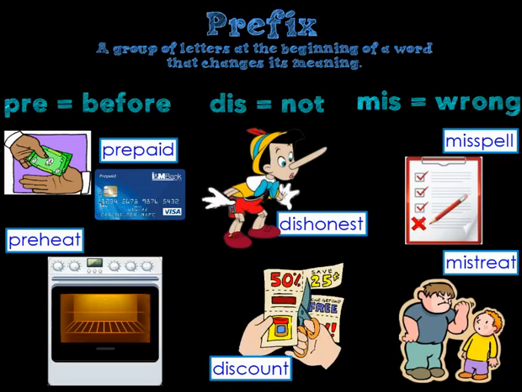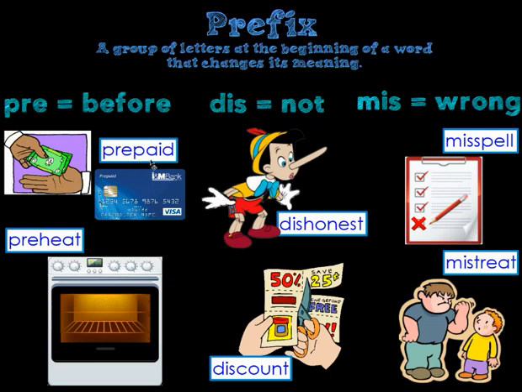The first prefix we're going to look at is pre, P-R-E. The prefix pre means before. Let's look at this example word. We have the prefix pre, and then we have the word paid. The word paid can stand on its own.